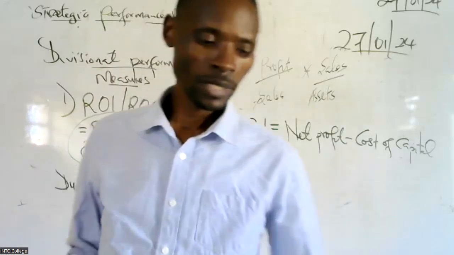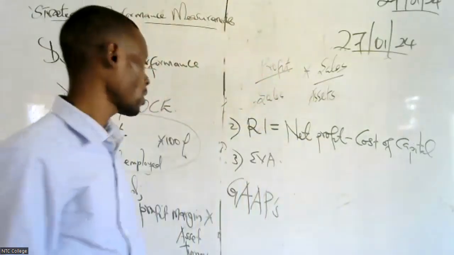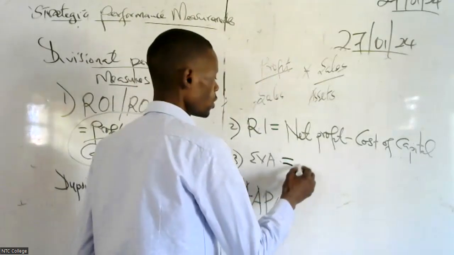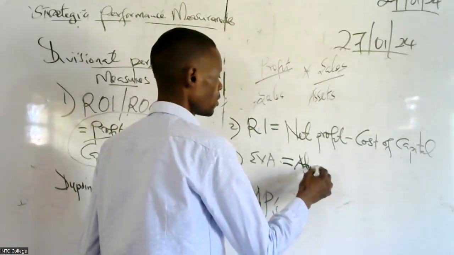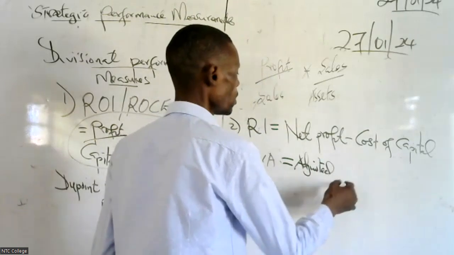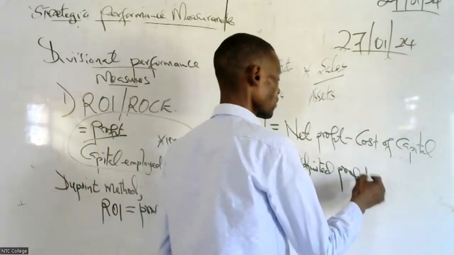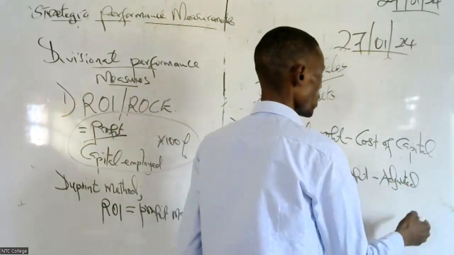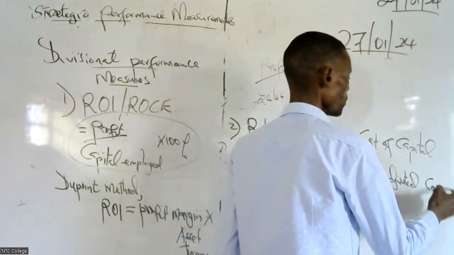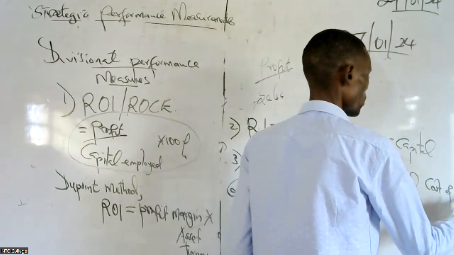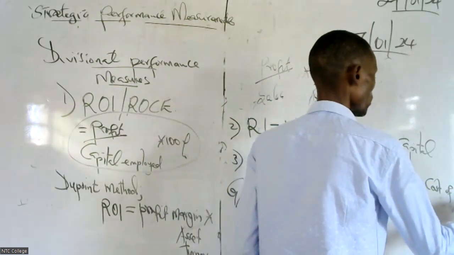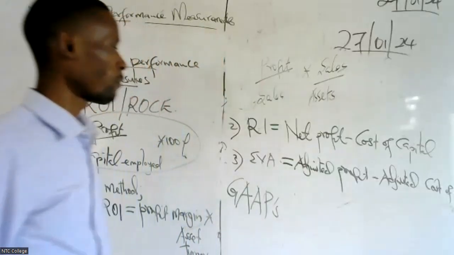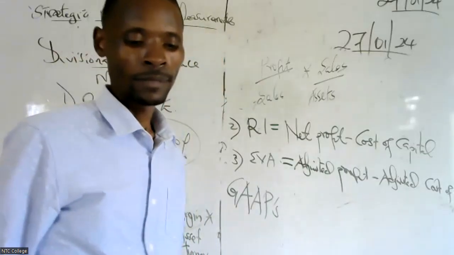So that is it about EVA. We say it's an extension, so it is adjusted profit minus adjusted cost of capital. Like that. So that is all about economic value added.